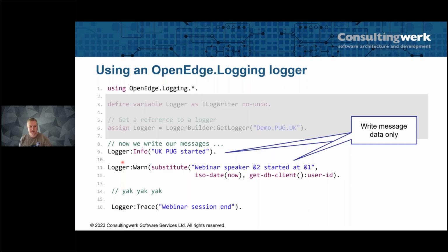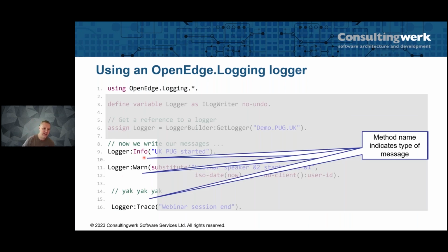So we write this message data, and we don't write any of the metadata. We don't have to say at this time we wrote this. We just write the message we want to write. The method names themselves tell you what the level is. So that's a way of doing it.